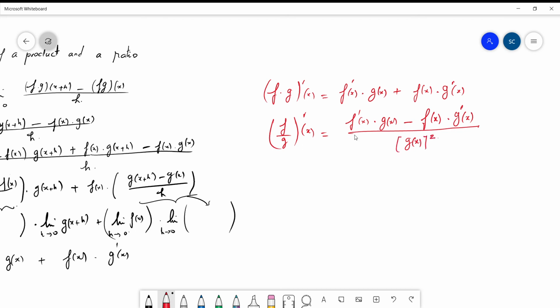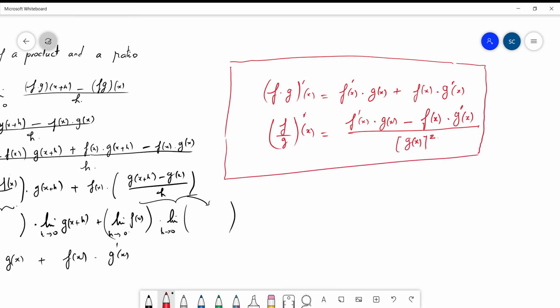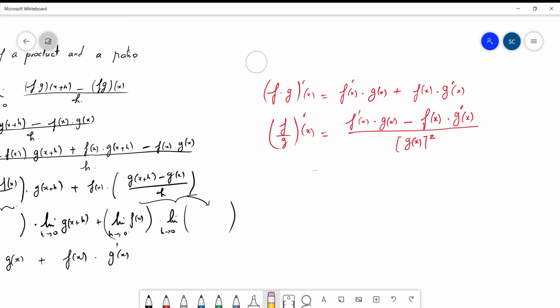So these are the two rules we learned today. Let's keep it without these lines here.